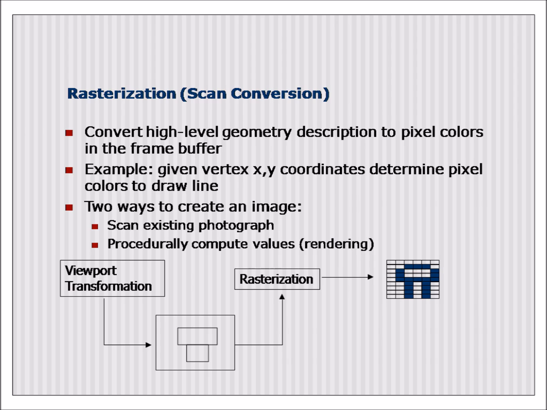So there are two ways to create an object or an image on the screen. Number one is to scan an existing photograph, and number two is to procedurally compute values, which is called rendering. We will discuss the whole of raster graphics in terms of rendering. The process is shown in the figure below. All the steps have already been discussed, so there is no need to discuss them further.